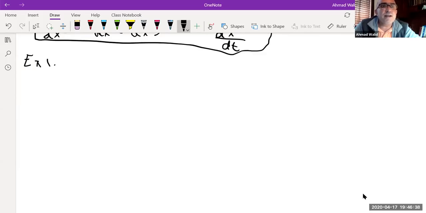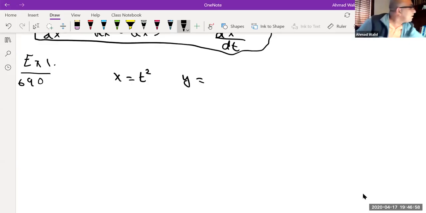Example number 1 of your book. It's on page 690. A curve C is defined by the parametric equations x equals t squared and y equals t cubed minus 3t.